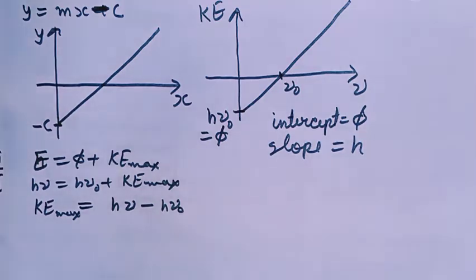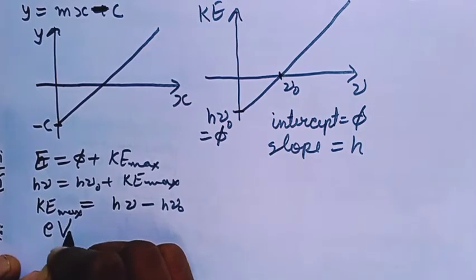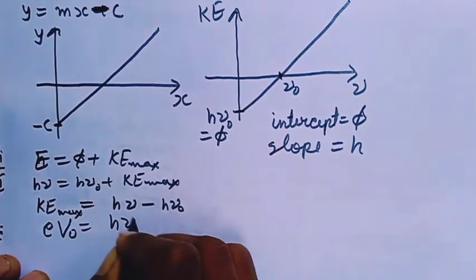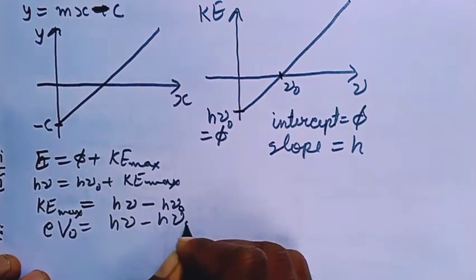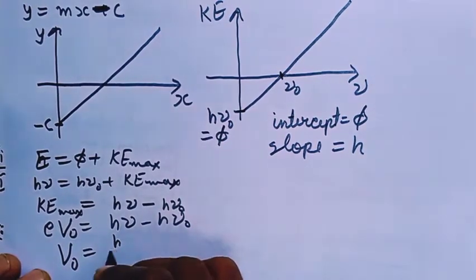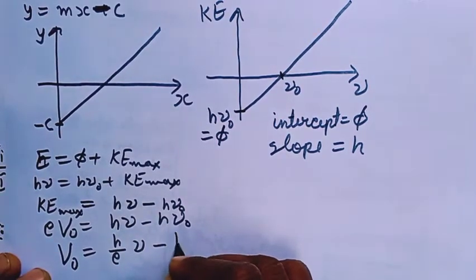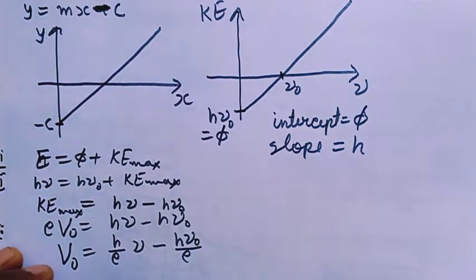And if instead of kinetic energy I use eV naught, then V naught will be equal to h by e nu minus h nu naught by e.